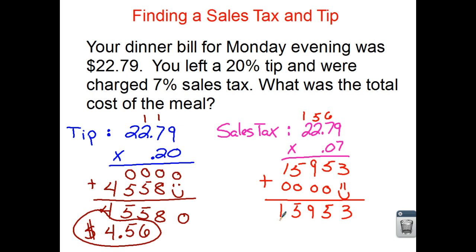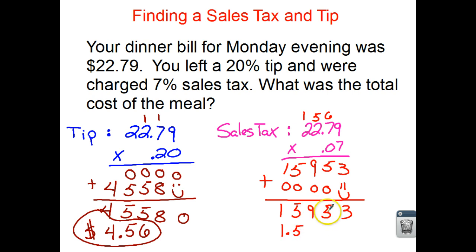And I'm not going to make that same error. I'm going to account for all decimal places in the problem. We have 1, 2, 3, 4 to the left, which leaves us at $1 and maybe 59.